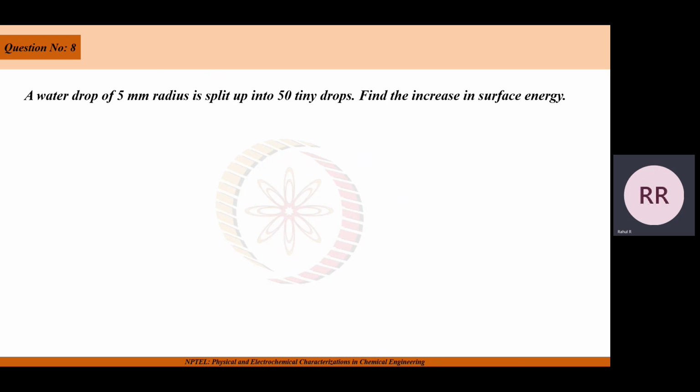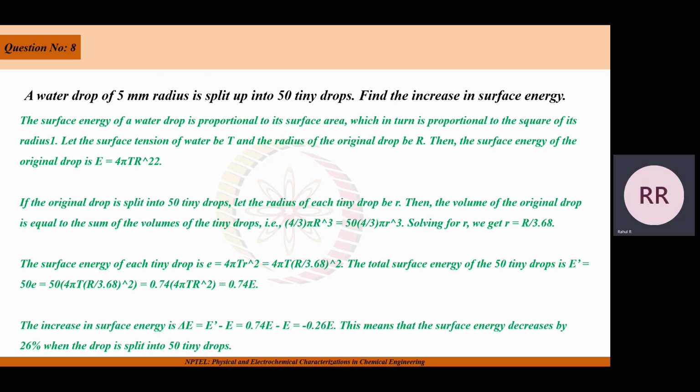Got enough time to think about answers, so let me discuss the answer with you. The surface energy of a water drop is proportional to its surface area, which in turn is proportional to the square of its radius.